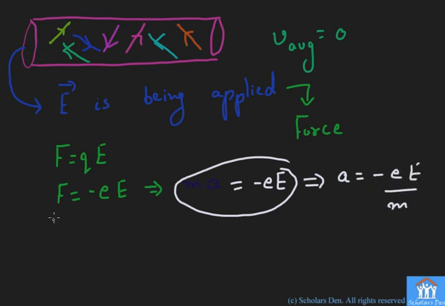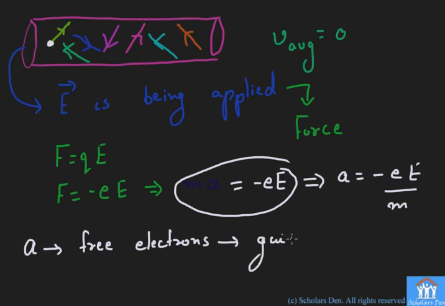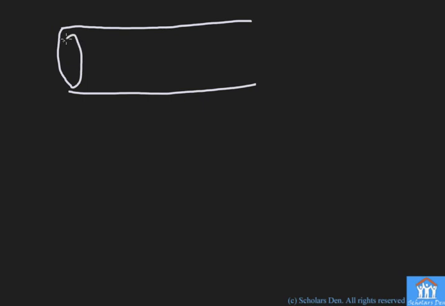Now by this acceleration, suppose this is your electron number 1, it starts moving. After this acceleration a, these free electrons become guided. They start moving in a particular direction. Now the shape of the conductor will be somewhat like this, with any cross-section area.